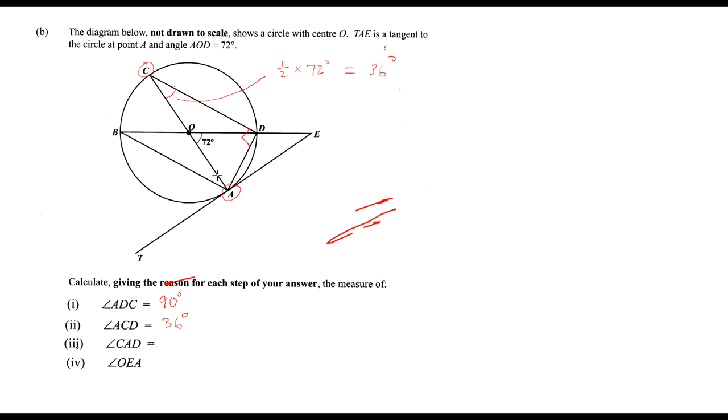Now you want to get angle CAD, which is this angle here. So we have a right angle triangle. We know that one angle is 36 and one angle is 90 degrees.